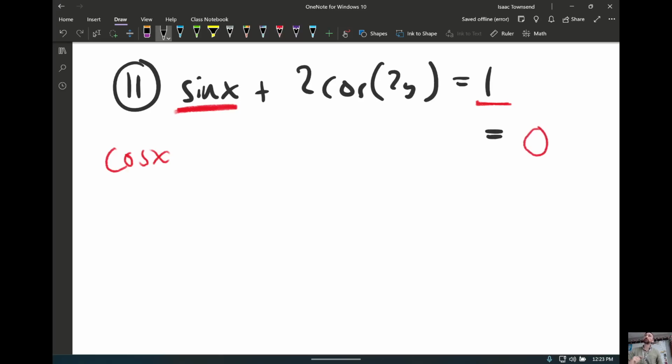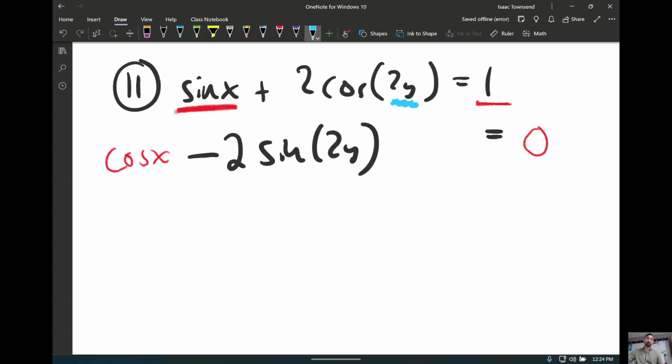But right here, you've got 2 times cosine something, and the derivative of 2 cosine something is negative 2 sine something. But the something does not have a derivative of 1. There's an inside here. What's the derivative of 2y?